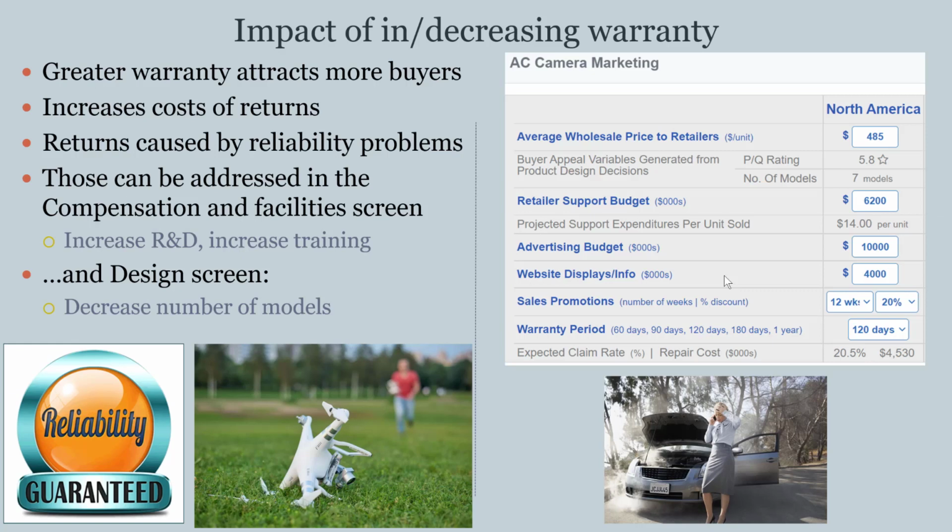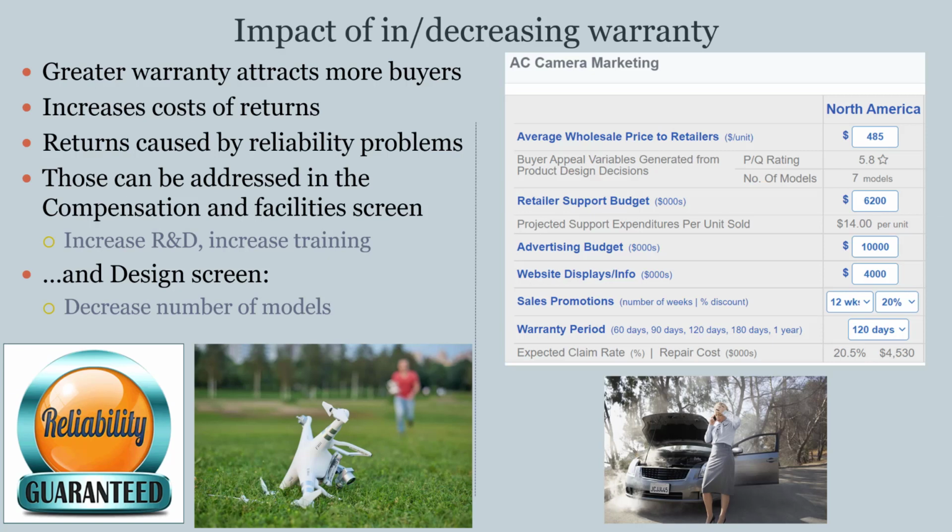And as you can see, at the bottom line in that picture of the decision screen for the marketing is the expected claim rate percentage and repair costs. So 20.5% and $4,530. So you have to look at how much profit you'll make by selling more, and then also look at the cost and see if it's worth it.